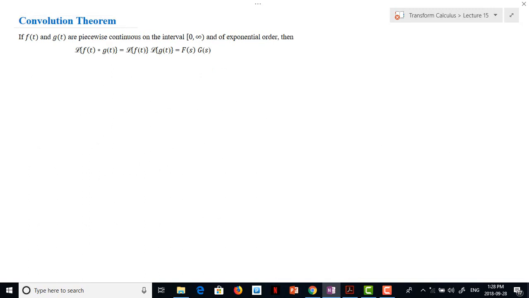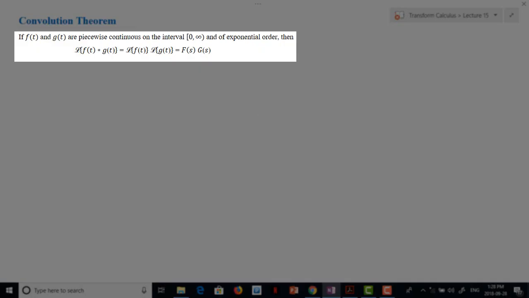Now, the convolution theorem. If f(t) and g(t) are piecewise continuous on the interval 0 to infinity and of exponential order, then the Laplace transform of f star g, the convolution of f and g, is equal to the Laplace transform of f times the Laplace transform of g, or F(s) times G(s).